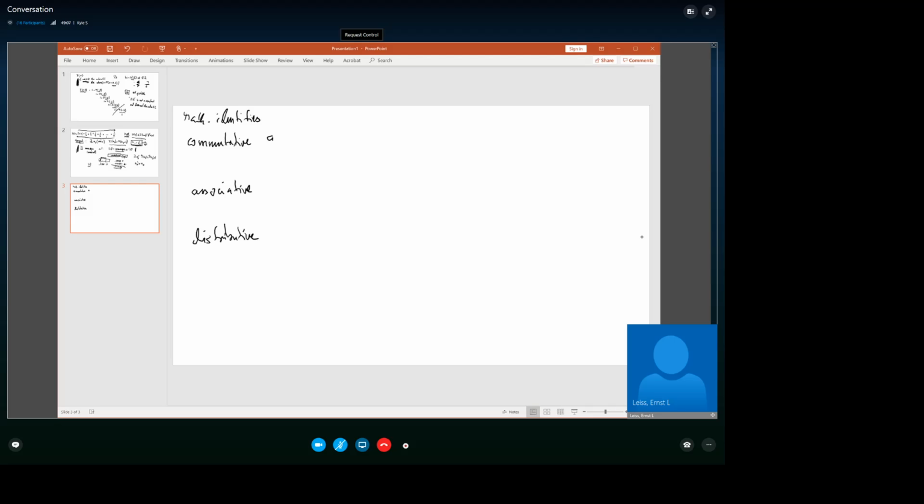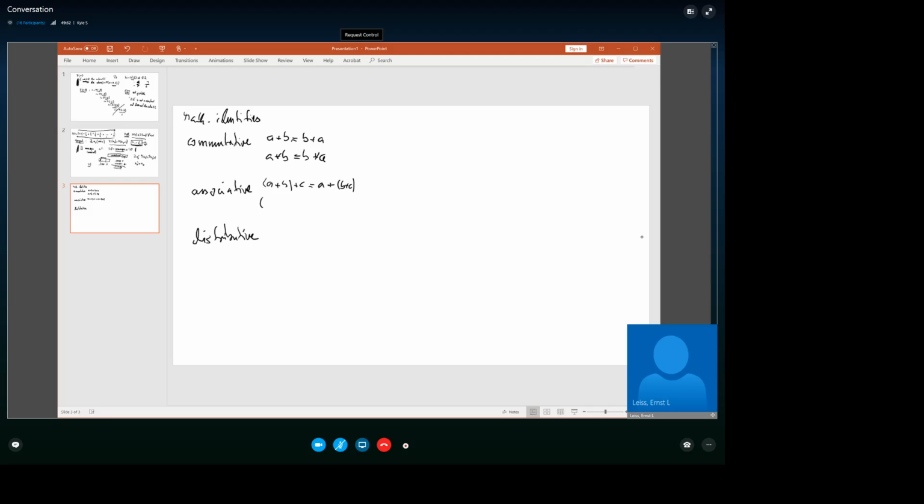So commutative means a plus b is b plus a, and a times b is b times a. And associative is a plus b, plus c is a plus, b plus c.